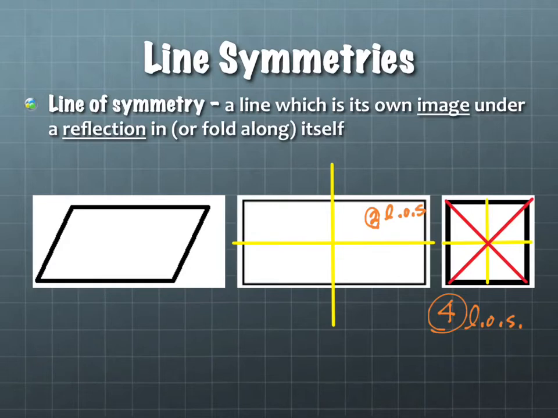So if I were to try to use the diagonal, it would make it look like it's vertically long instead of horizontally long, so it wouldn't work. So this one doesn't have a line of symmetry. There's no line that I can draw where when I fold it, it matches up on itself.